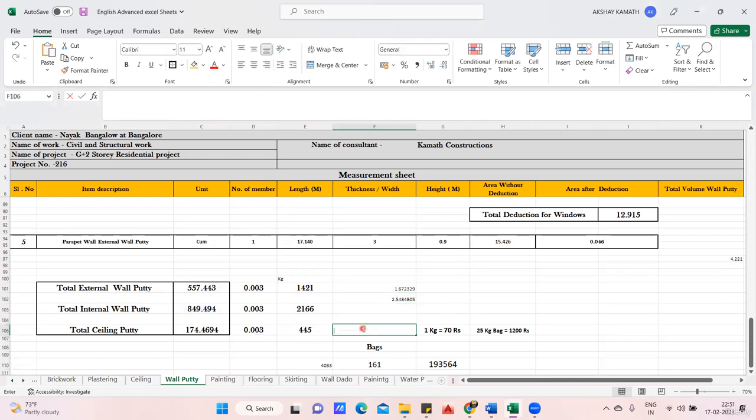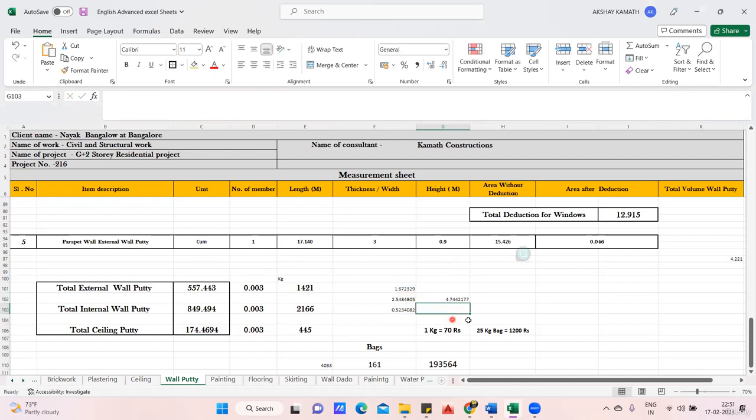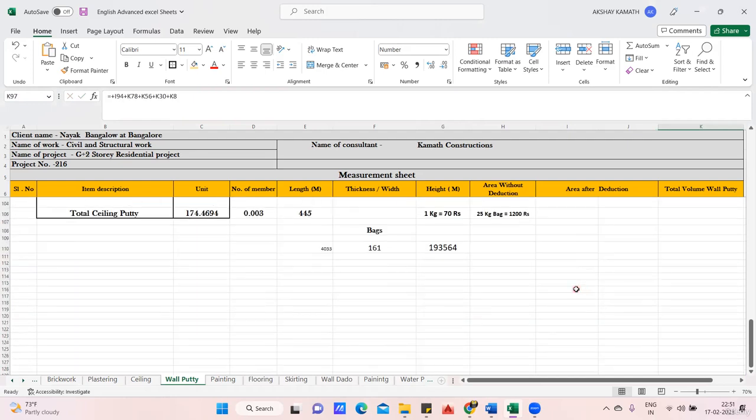I'm just trying to verify. Yeah, 4.74 I'm getting. It is 4.22 I'm getting. Okay, not an issue. I've explained you how it has to be done.